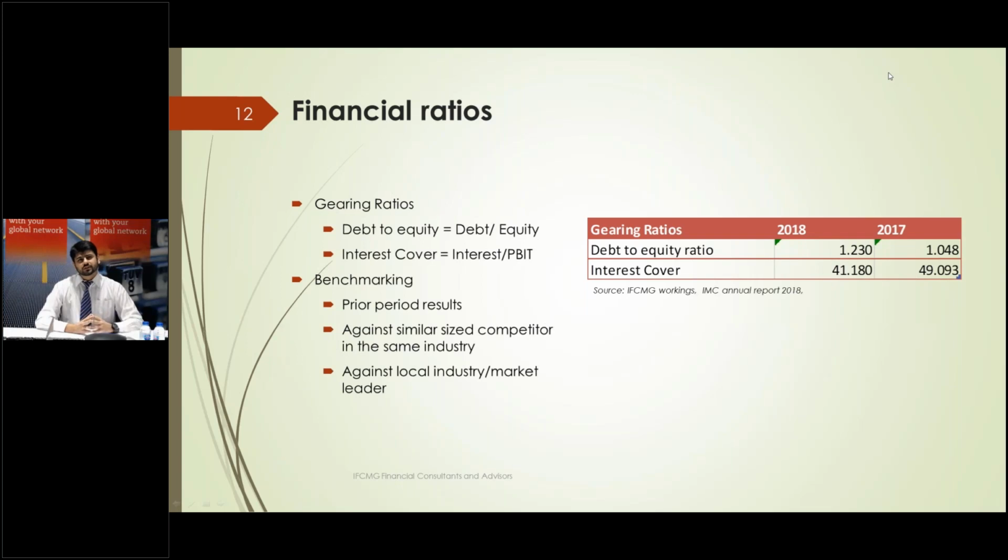The first one is benchmarking. The simplest form is comparing it with the prior period results. The second is against a similar sized competitor in the same industry, or if we want to look up to and compare ourselves with industry or market leaders, we can compare it against the local industry or market leaders as well.